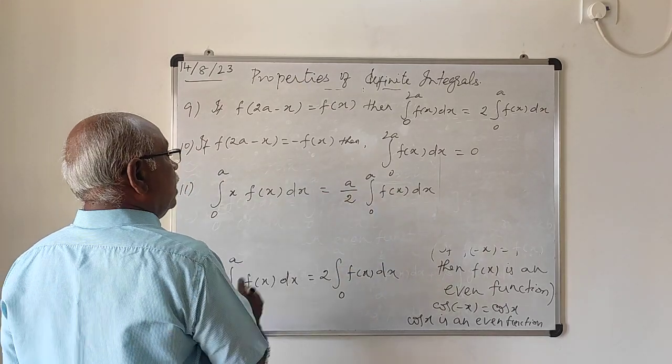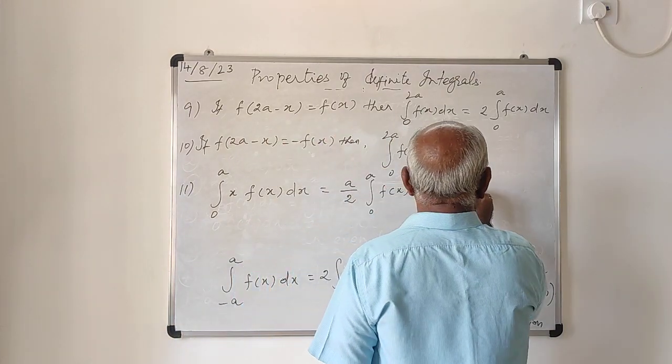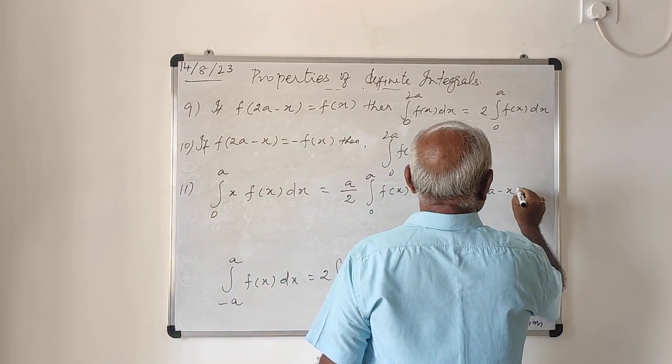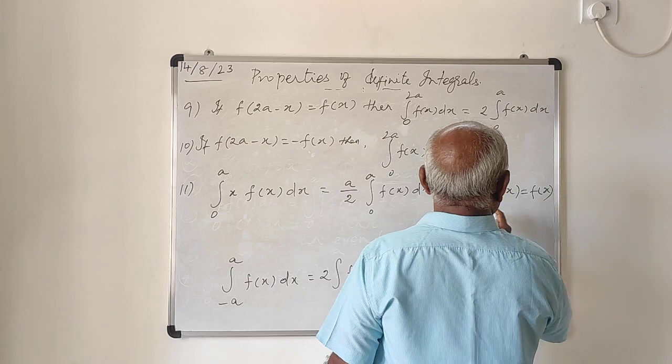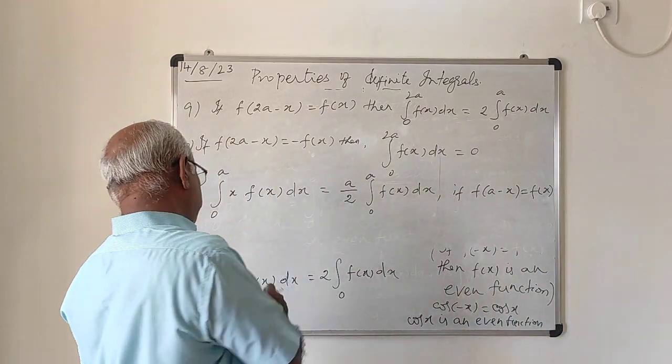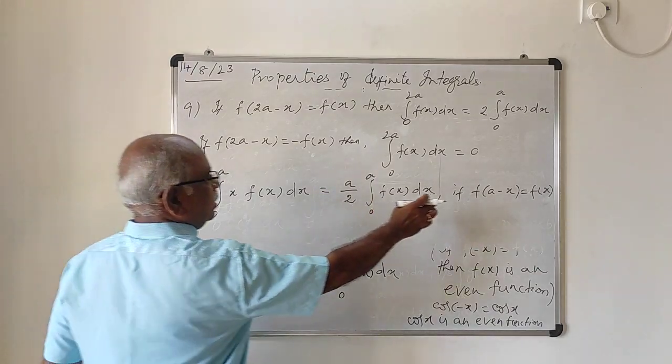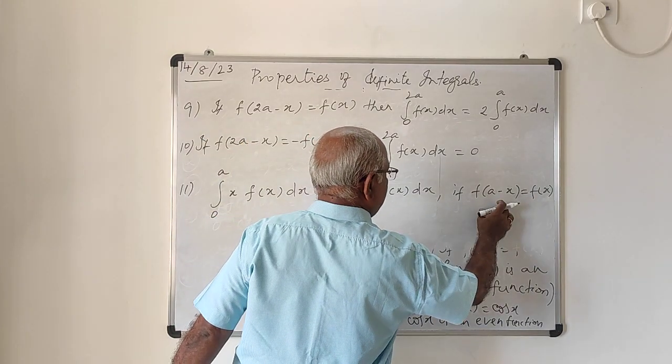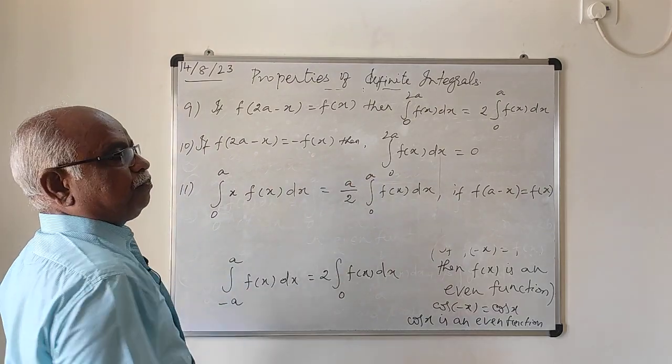It is one property. It is possible if f of a minus x equals f of x. If f of a minus x equals f of x, then this integration is true.